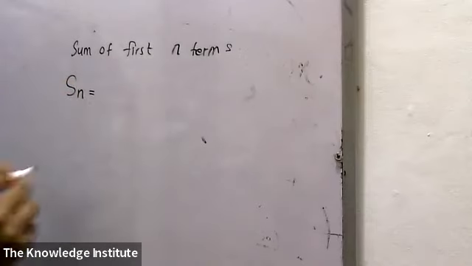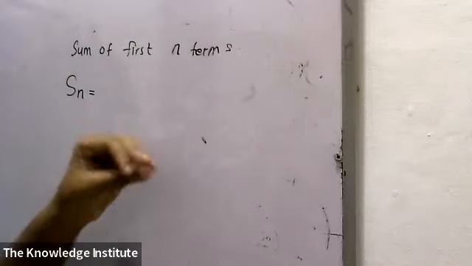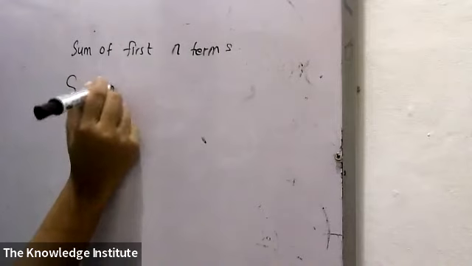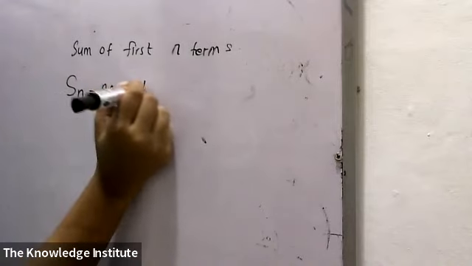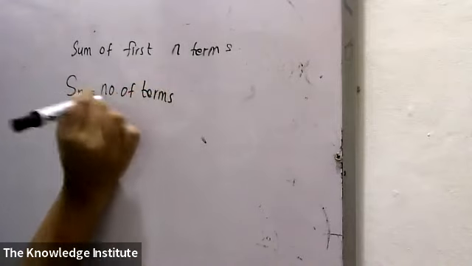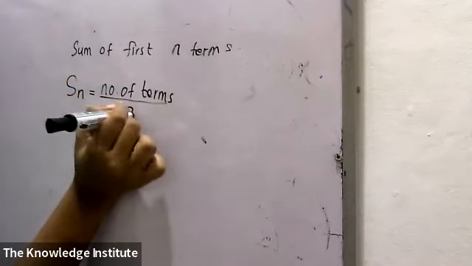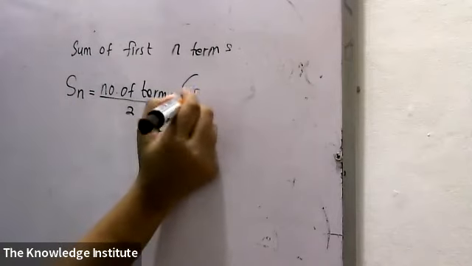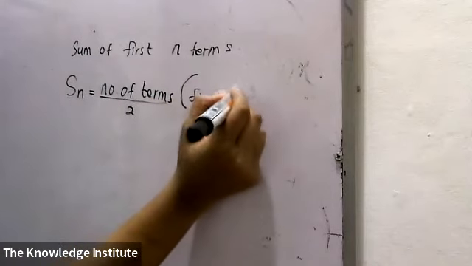If I tell you 2, 4, 6, 8, 10, how many digits do you have? 5 digits, right? So what you have to do is, in a sequence, divide the number of terms by 2, and multiply that with the first term and the last term.